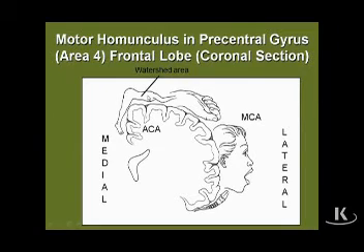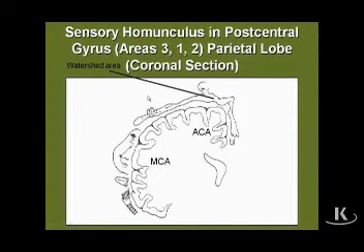And look at the similarity on the next slide of the sensory homunculus. Again, it's slightly different in its form, but its location and its blood supply are similar in that the lateral aspect of a corresponding hemisphere has cortical sensory representation for the face, the scalp, the upper limb, and the upper part of the trunk.